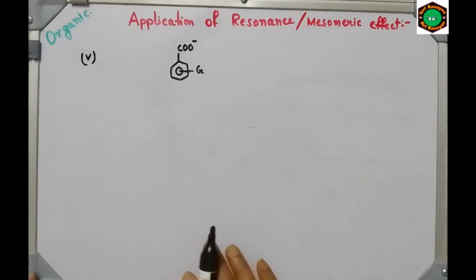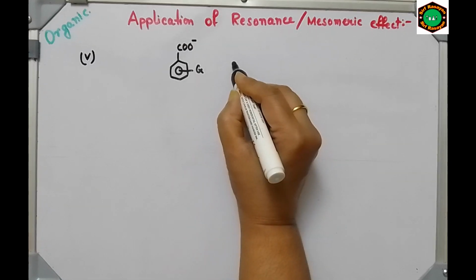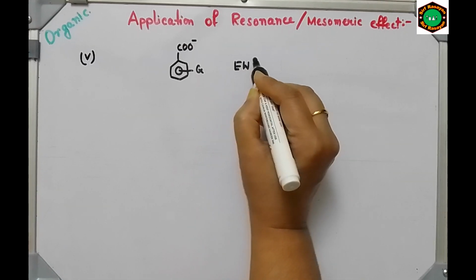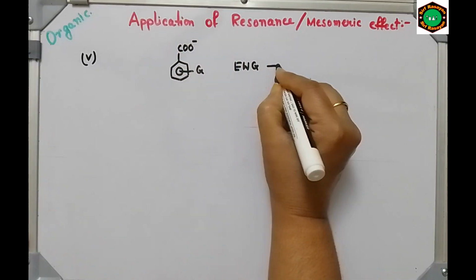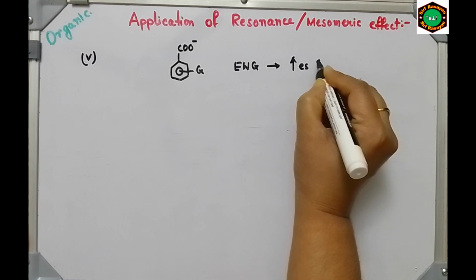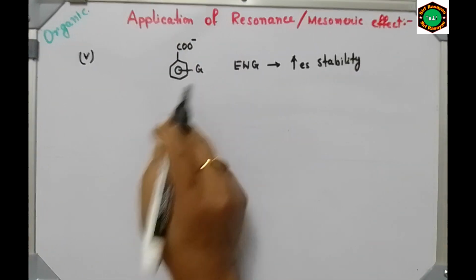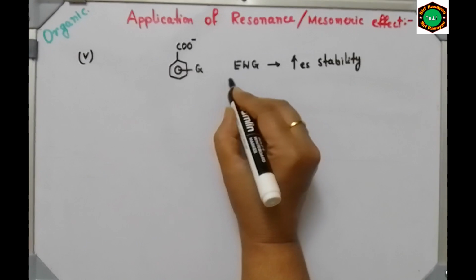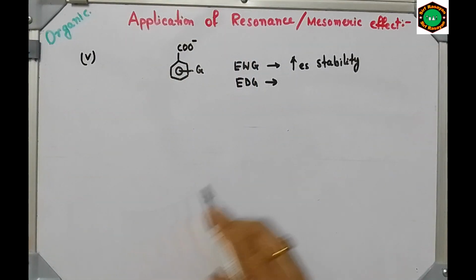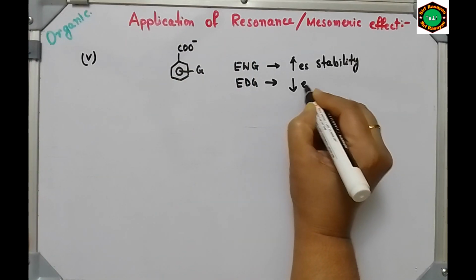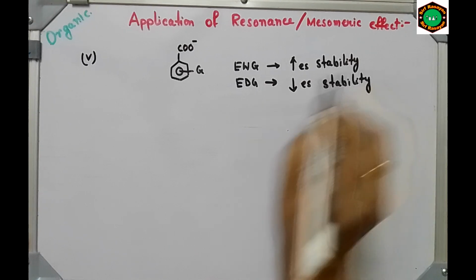If you want to compare the acid strength of substituted benzoic acids, you have to remember: an electron withdrawing group, which abstracts electron density, increases the stability of this benzoate ion, and if G is an electron donating group, it gives electron density, so it decreases the stability of the benzoate ion.